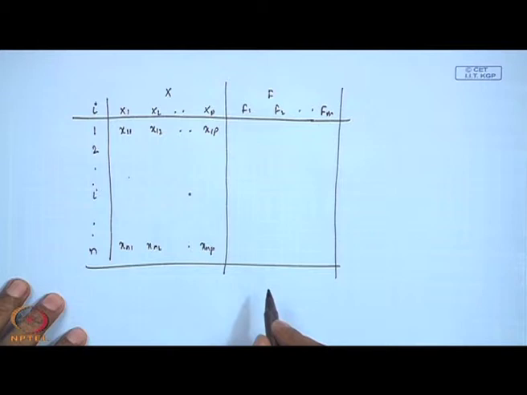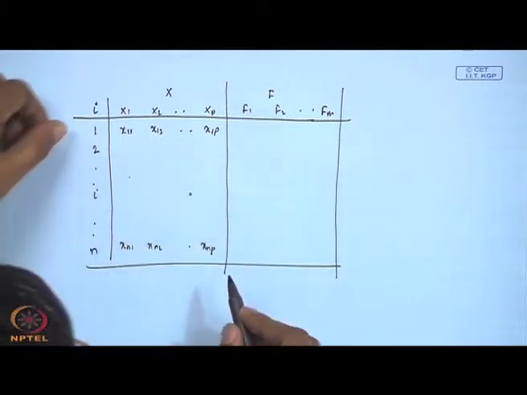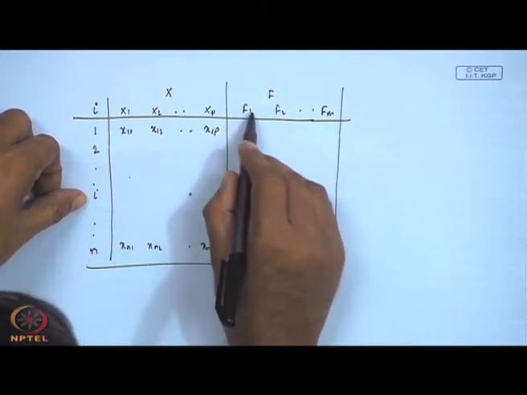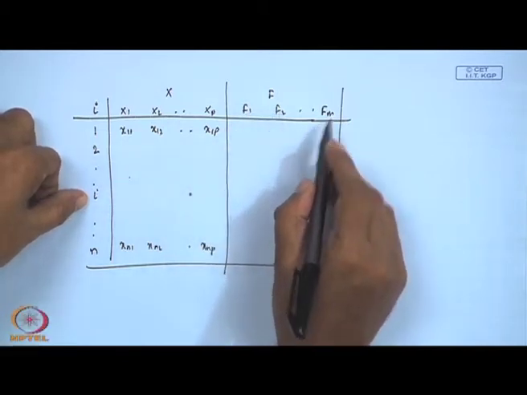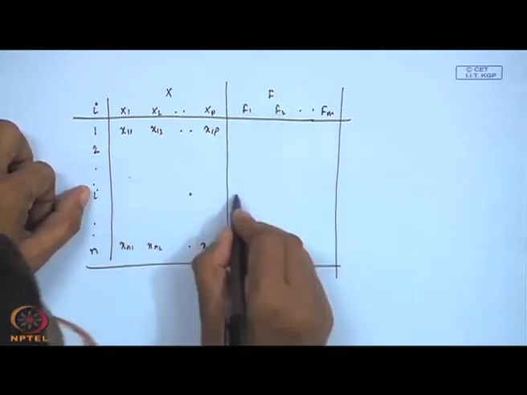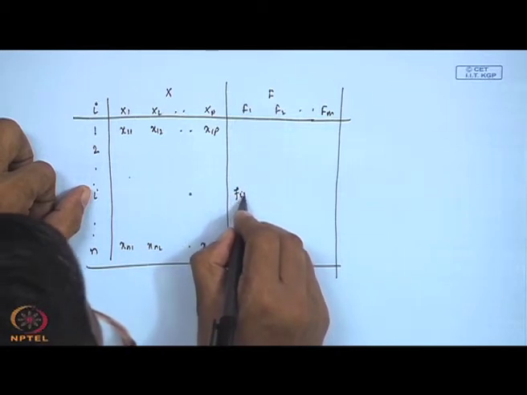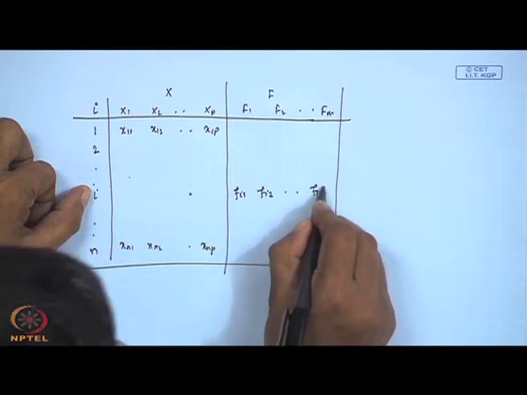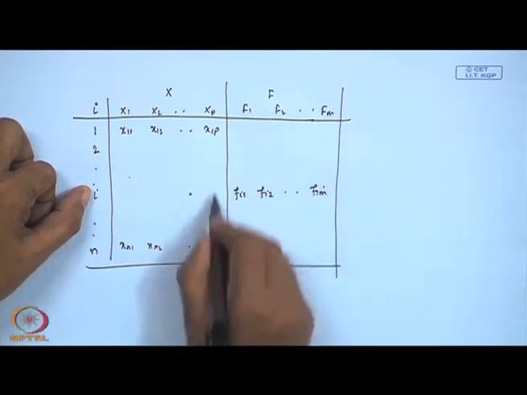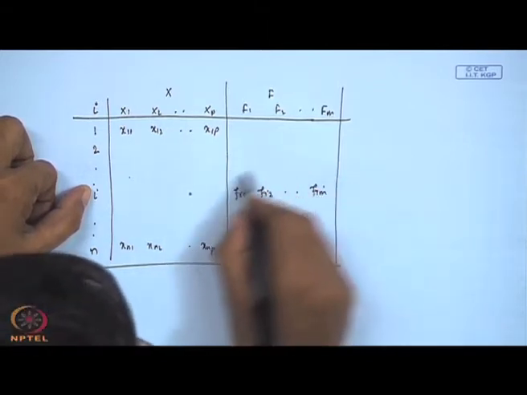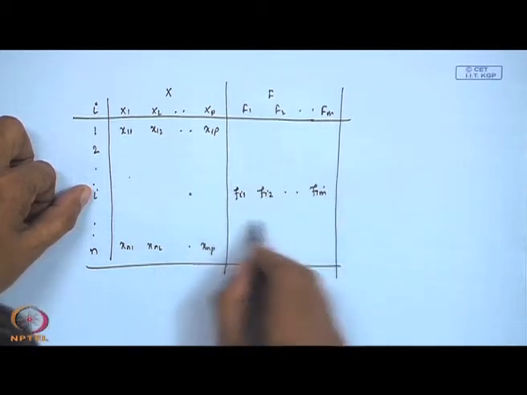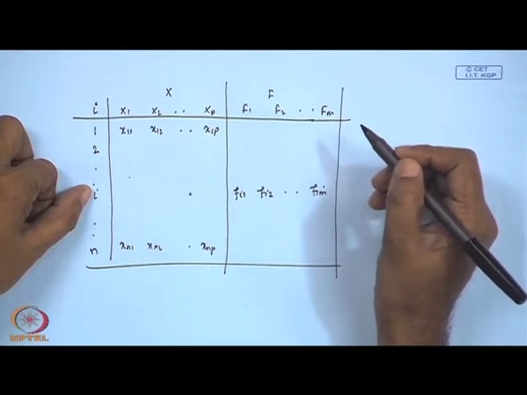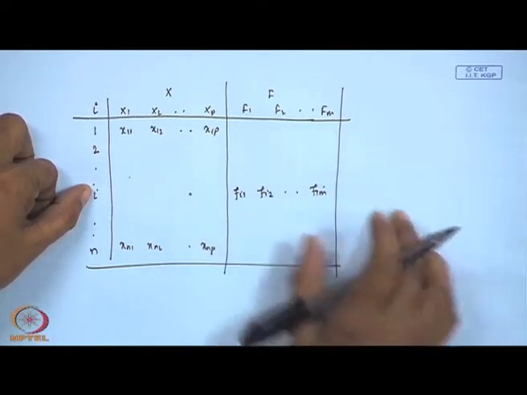You are interested to know, for my ith observation, what are the values of F1, F2 and Fm. For example, this is Fi1, Fi2, up to Fim. I can say this is the ith multivariate observation on all the factors, but these observations are not direct.